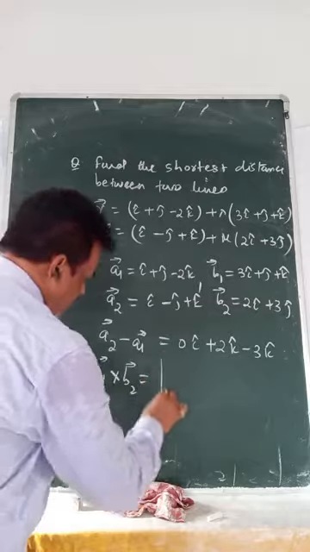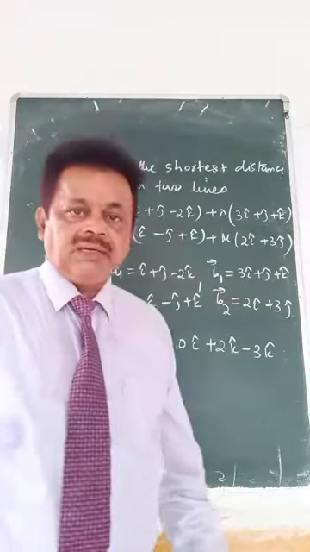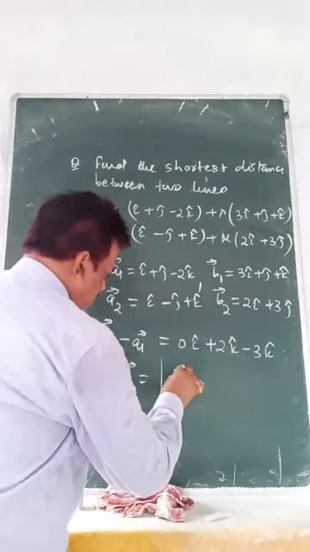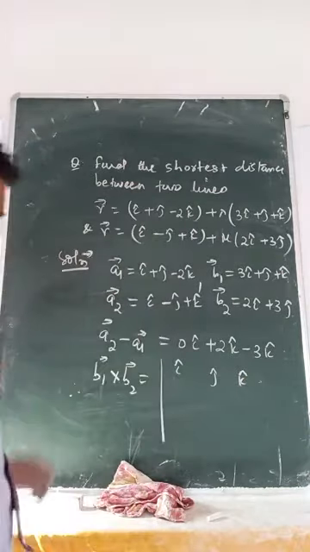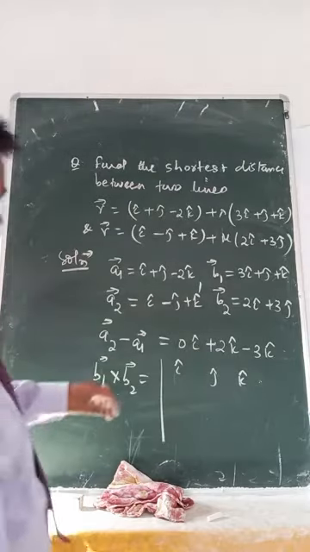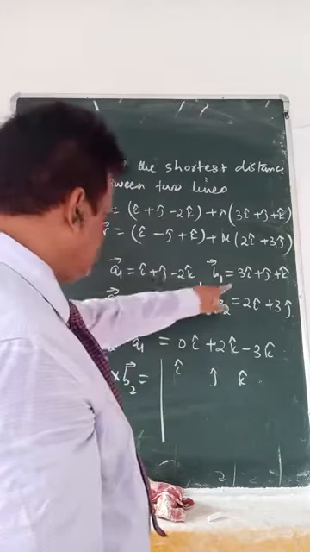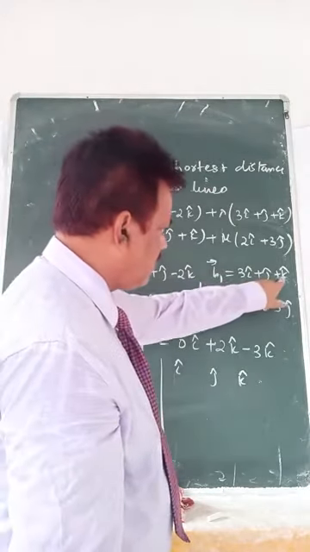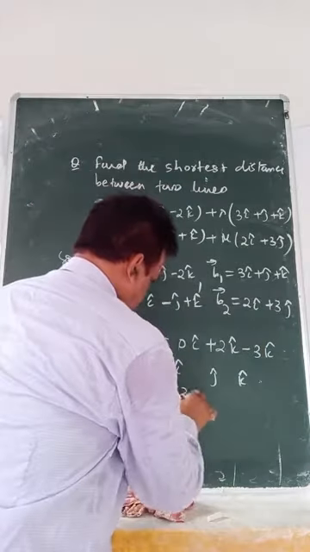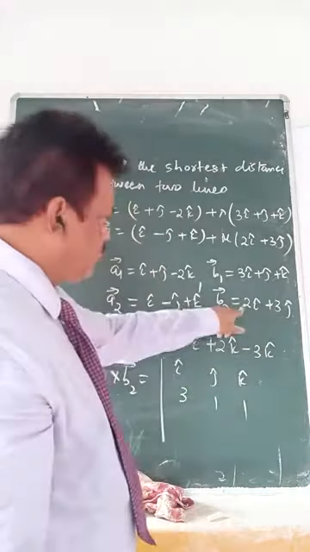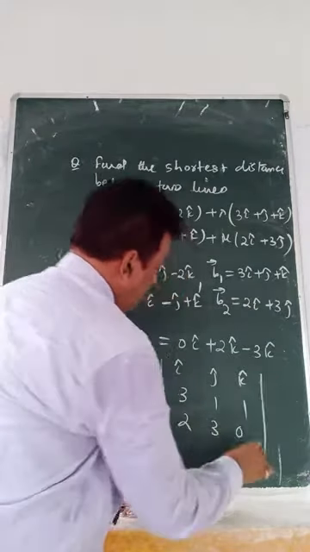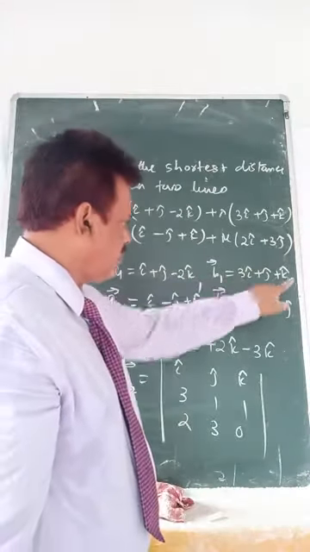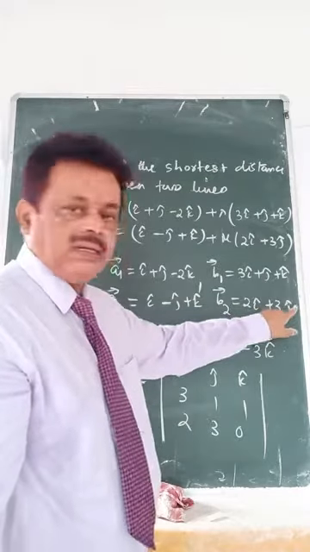How do you find cross product? Now determinant method. I J K, 3 1 1, 2 3 0. Look once more, 3 1 1, 2 3 0, because K is not here.